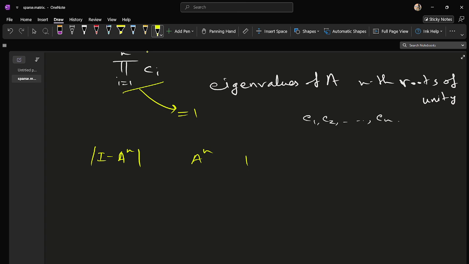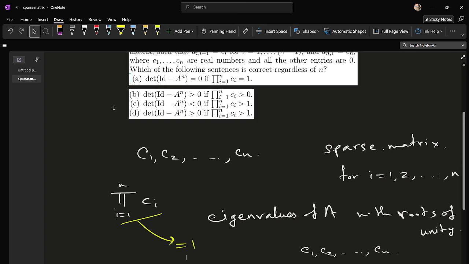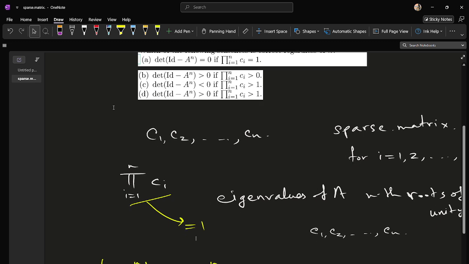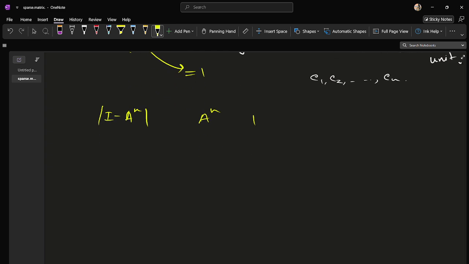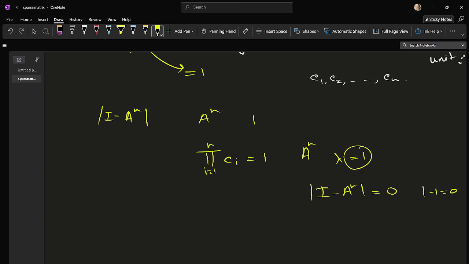So now we are going to analyze each option. Option A is telling us the determinant of I minus A to the power n is equal to 0 if the product is 1. If our product is 1, then A to the power n has an eigenvalue equal to 1, which implies that the determinant of I minus A to the power n is equal to 0, because 1 minus 1 is equal to 0.